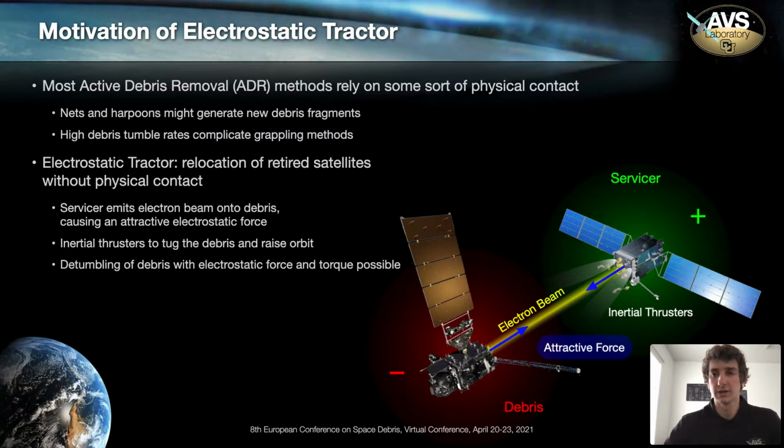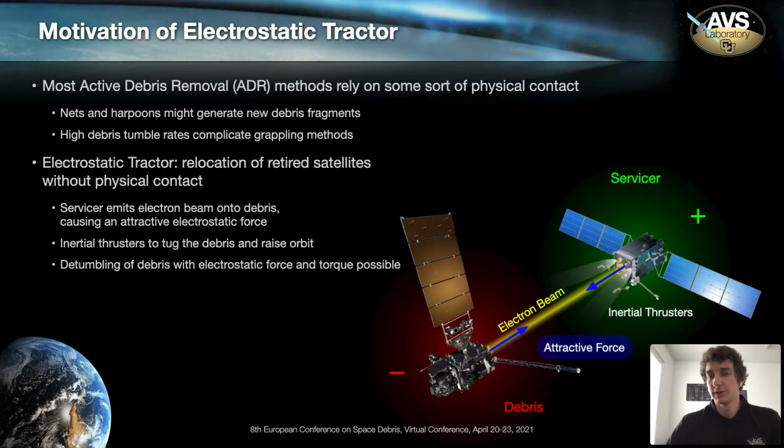So the electrostatic tractor has been proposed to relocate retired satellites from geostationary orbit without any physical contact. The way this works is that you have a servicing satellite that emits an electron beam onto a retired satellite.